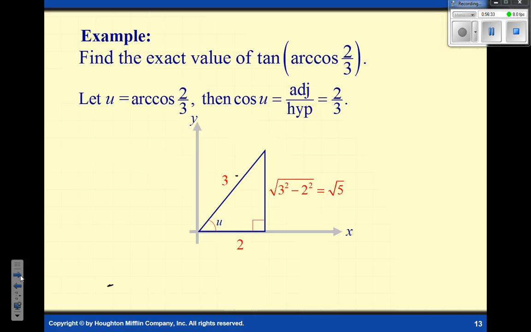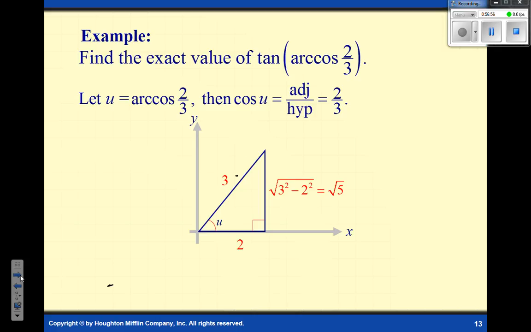So I build it in the first quadrant. The cosine ratio is adjacent over hypotenuse, so I'll have a 2 on the x and 3 on the hypotenuse. And how do you find the y? It'd be 2 squared plus something else squared equals 3 squared. I just worked it backwards, and so I get square root of 5.